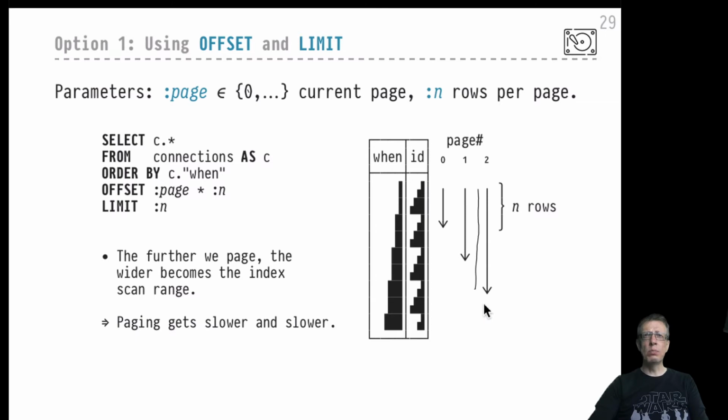That's a real pity, because as we page further down our connections table, maybe there are many connections, most likely a very busy airport, paging will get slower and slower and slower. Let's see whether we can indeed see that in our implementation of the whole idea on the real system.